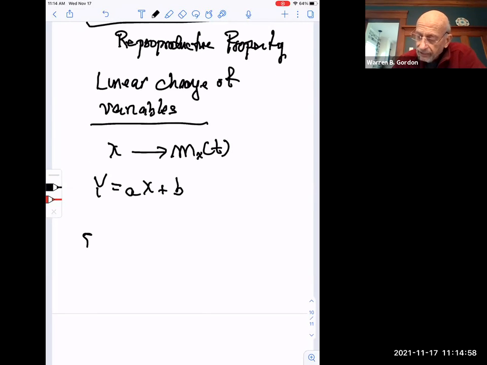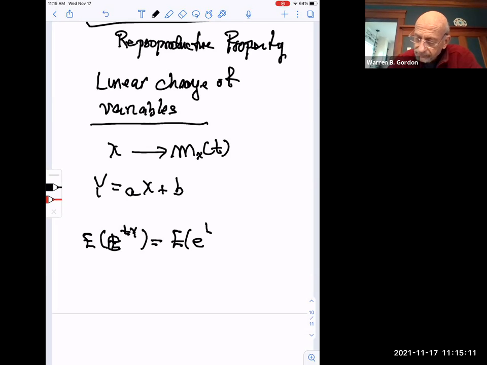So e of t y is equal to e of e to the t times ax plus b.